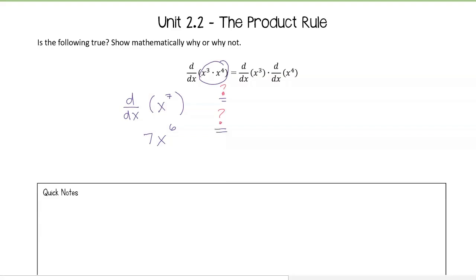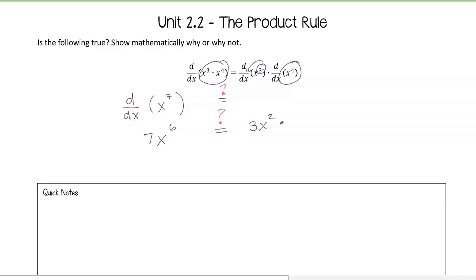Now let's look at the right-hand side. If I take the derivative of x cubed, I'm going to use the power rule, so the 3 comes out in front. I get 3x, and then I subtract 1 from the exponent, so 3 minus 1 is 2, times the derivative of x to the fourth.